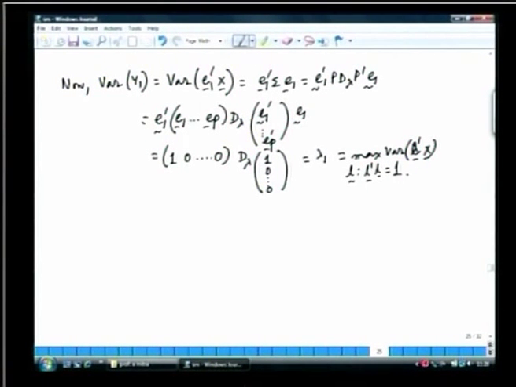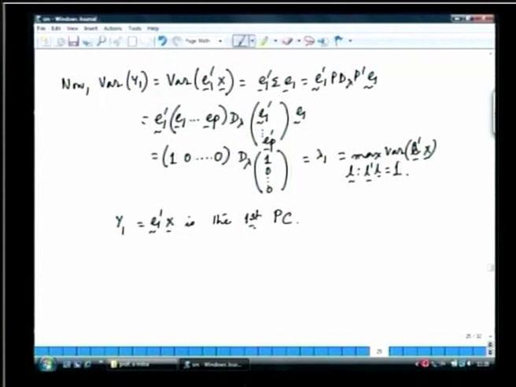So, I have y1 equal to E1 prime x as the first PC, because as far as the first PC is concerned, I will have to check only one thing: that its variance is the maximum variance.